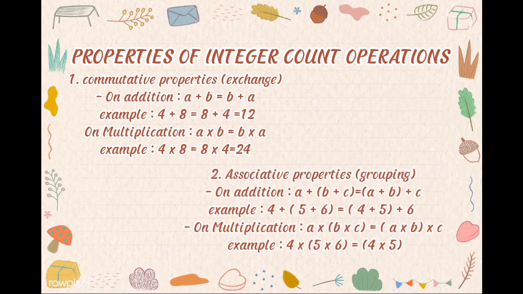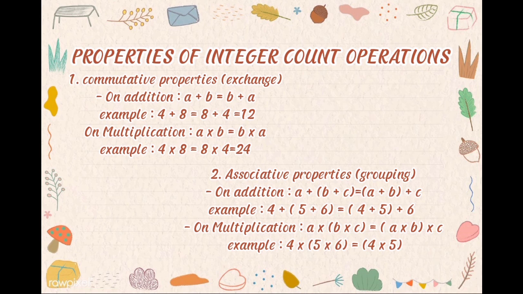Second, the associative property or grouping. This property also only applies to addition and multiplication. For addition, a plus in brackets b plus c equals in brackets a plus b, plus c. Example, 4 plus in brackets 5 plus 6 equals in brackets 4 plus 5, plus 6 equals 15.